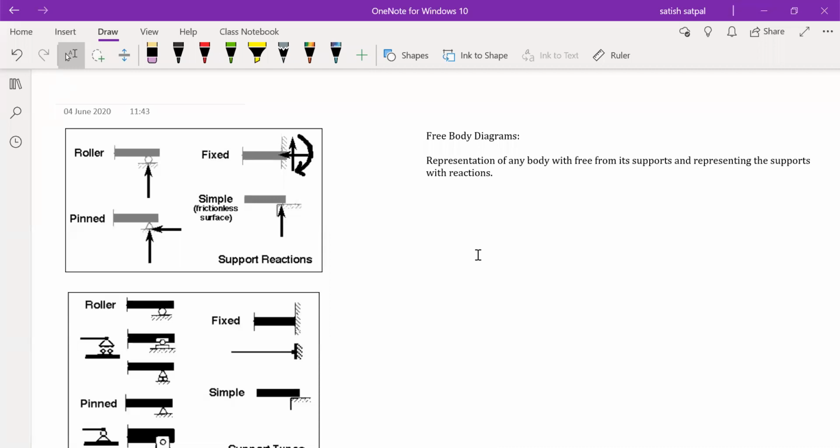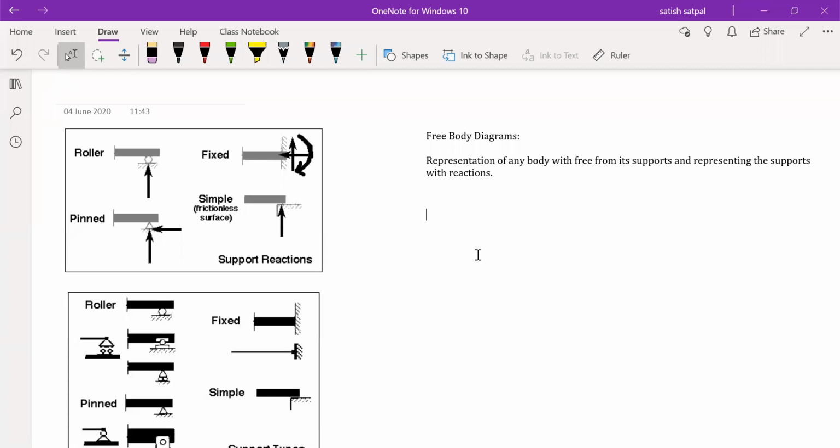Because sir, we have to see where forces and reactions are acting separately. Okay, correct. Your answer is correct. So a free body diagram is basically required for analysis of forces. What are the forces acting all over the body?